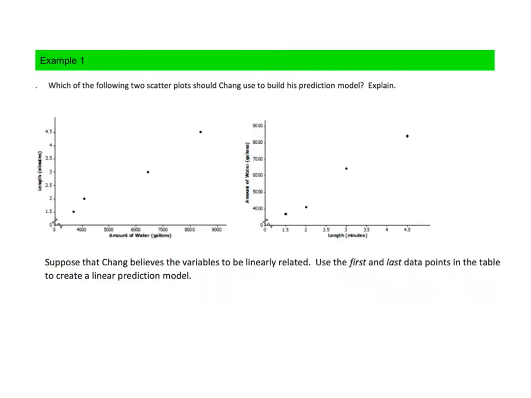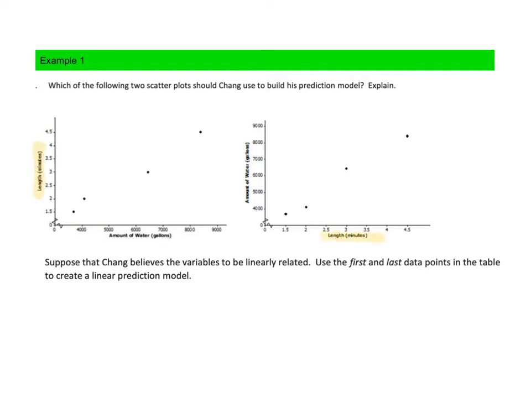So based on what we just determined in the last slide, we want to figure out which one of these graphs actually is correct. It says, which one of the following two scatter plots should Jing use to build his prediction model? Explain. The difference between these two is very small. This one has the length of time written right here on the side, on the y-axis.